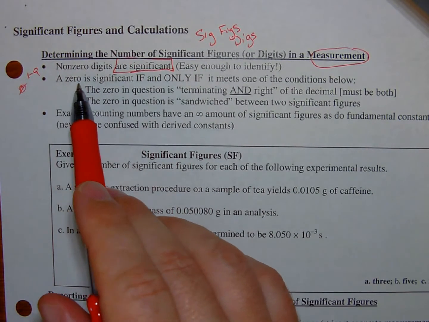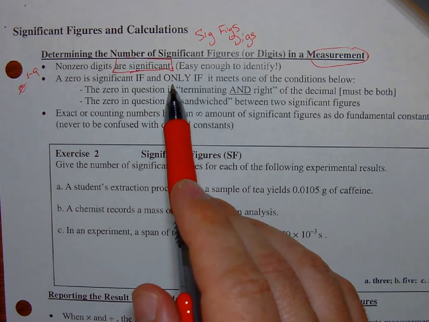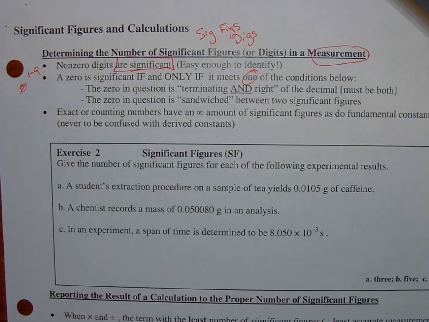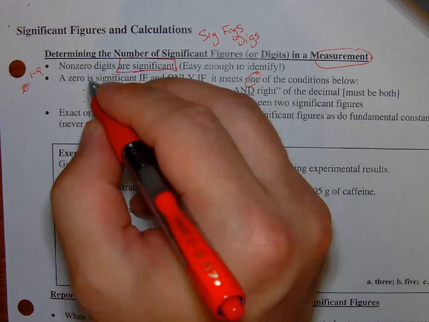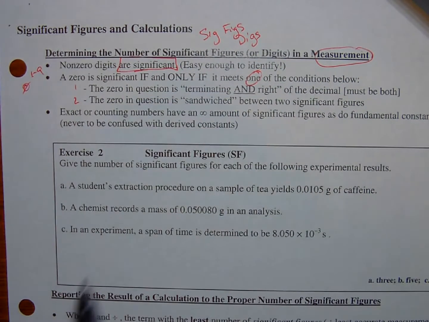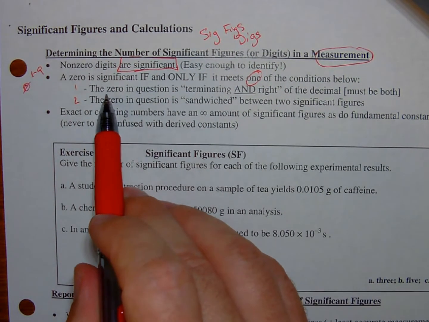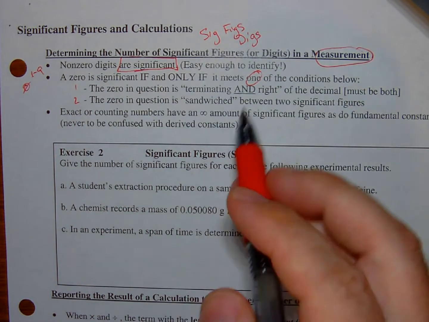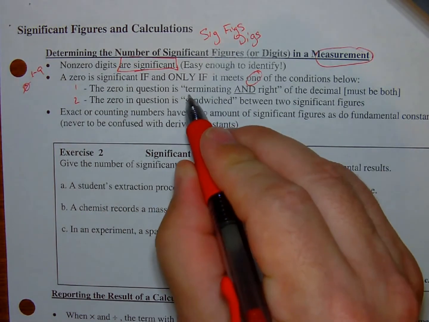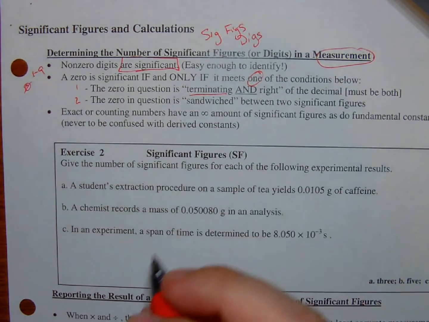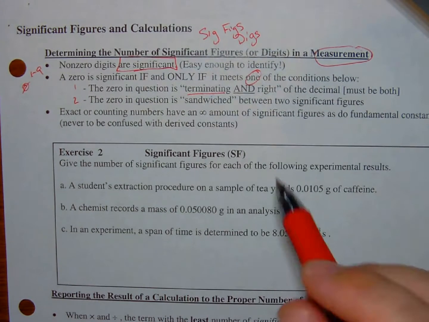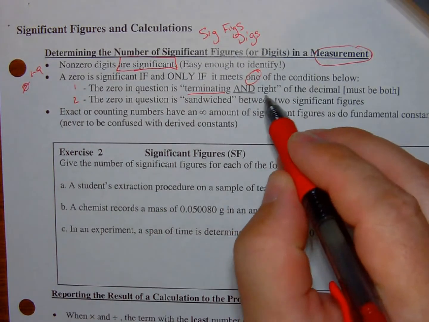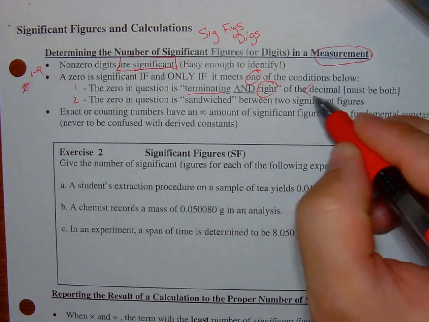Because with a 0, you have to figure out what circumstances and what situations it's in. A 0 is significant if and only if it meets one of the conditions below. And it only has to meet one. So how many different conditions here? 1, 2. So the 0 is significant if the 0 in question is terminating, which means at the end, to the right of the number, there are no more non-zero digits after it, and to the right of the decimal.